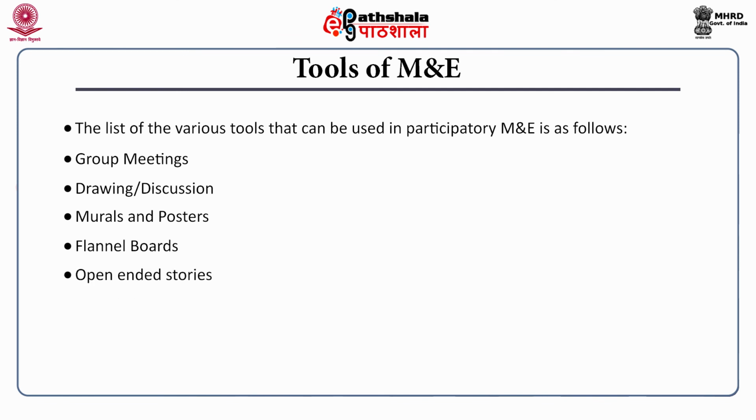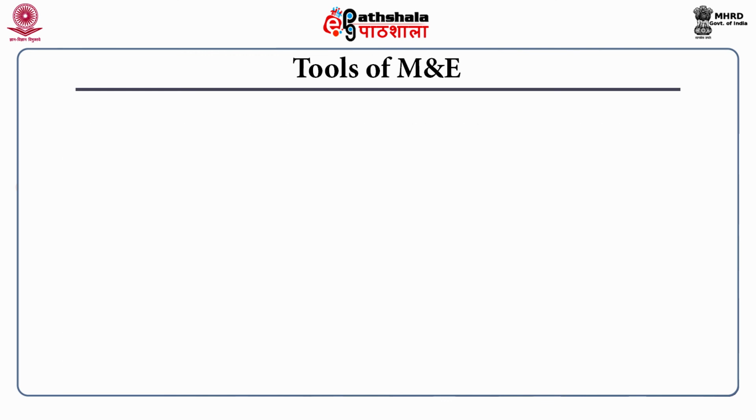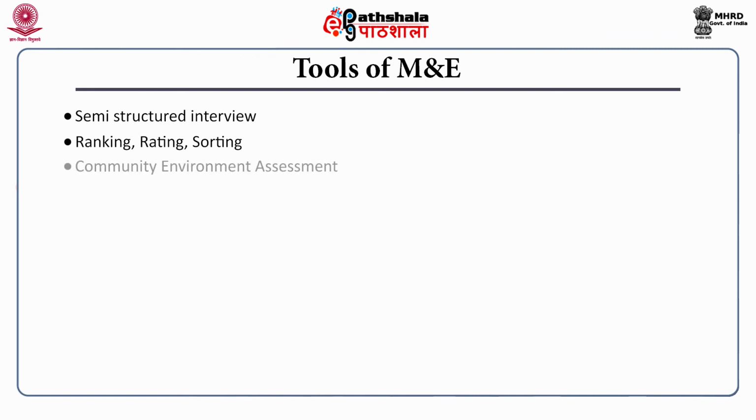Number 6, unserialized posters. Number 7, community case study. Number 8, historical mapping. Number 9, semi-structured interview. Number 10, ranking, rating, sorting. Number 11, community environment assessment. Number 12, survival surveys.